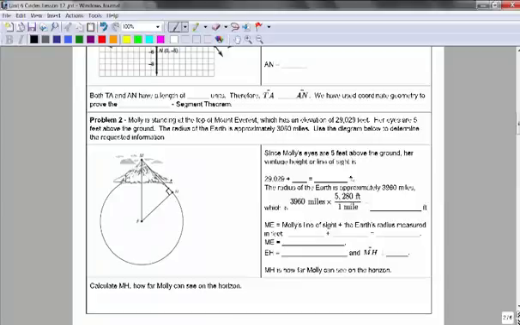I think probably the most important aspect of this problem is that we've got 2 different units. So we either have to convert the miles to feet, which is what is set up here.